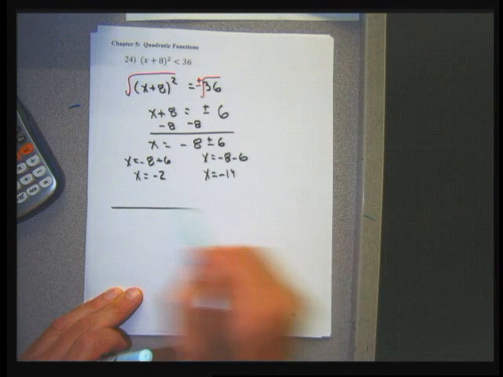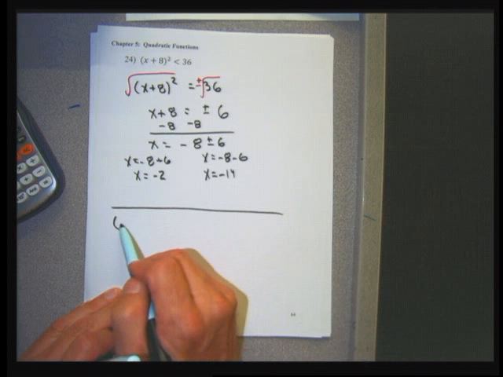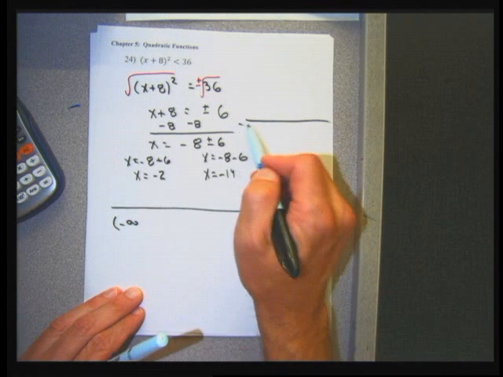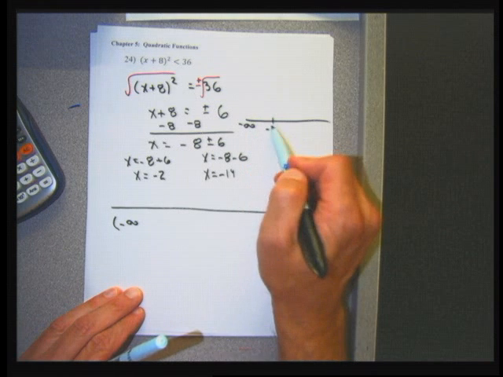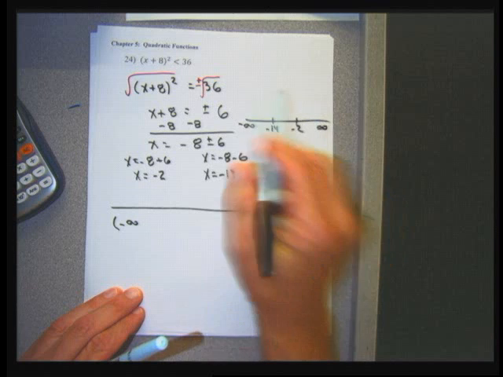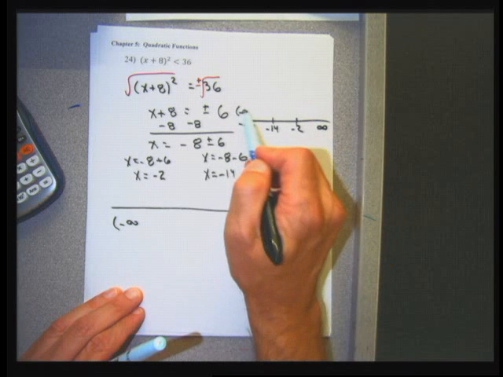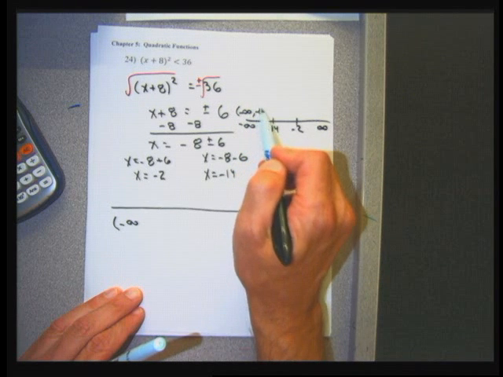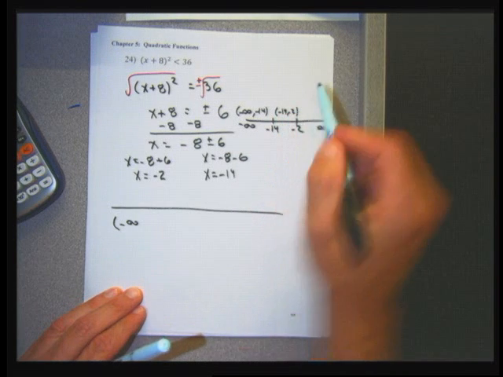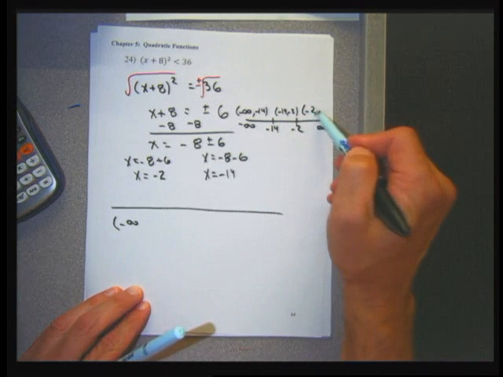So my table, first interval, negative infinity, whoops, forgot the number line: negative infinity, negative 14, negative 2, positive infinity. That gives you negative infinity to negative 14, negative 14 to negative 2, and negative 2 to infinity.